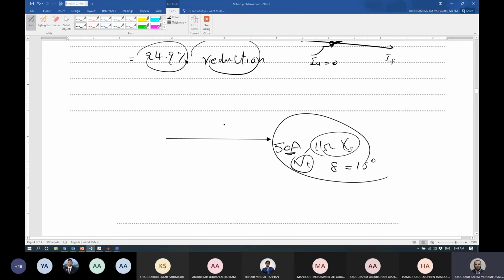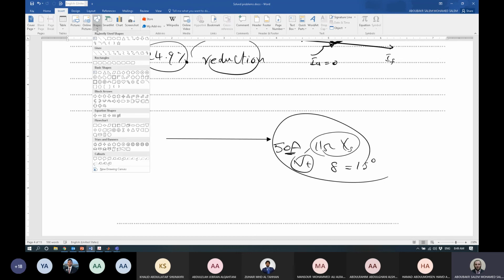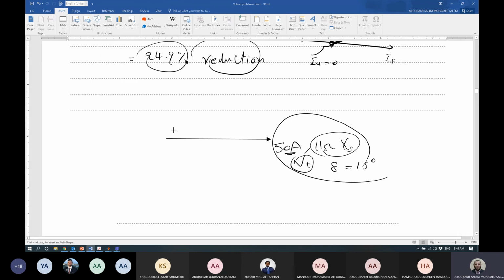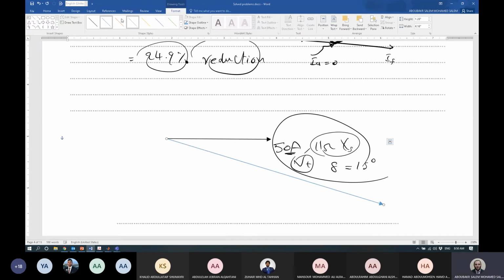How can we proceed solving this problem, guys? Simply we should draw the phasor diagram and start working graphically. We have the power angle is 15, so we can make a line like that, and let's make it just a line. It's not the EF vector, like that, at 15 degrees.